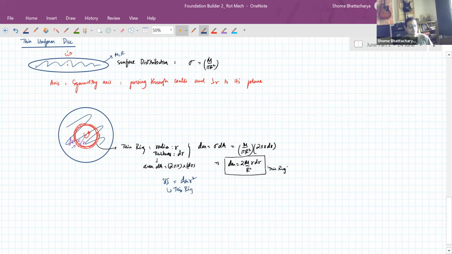So now we have a thin ring of mass dm and radius small r. So its moment of inertia will be dm into r square. So substituting this value of dm, you can see that the ring's moment of inertia will be given by this formula. Okay? Just multiplying dm with r square. So this is the moment of inertia of the thin ring.